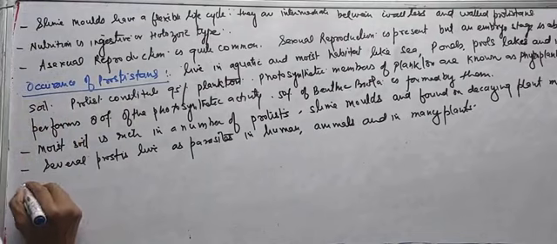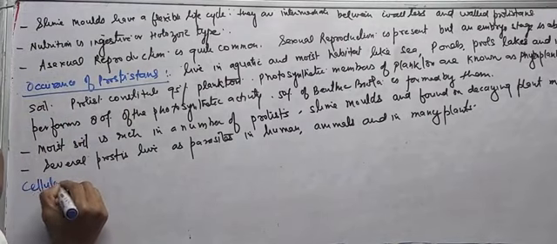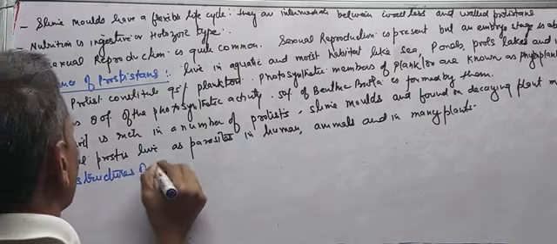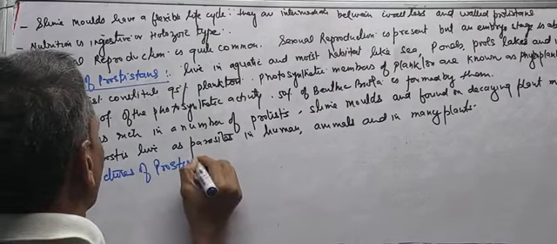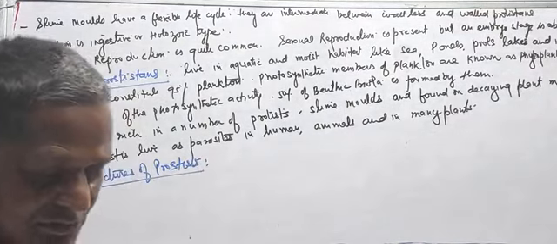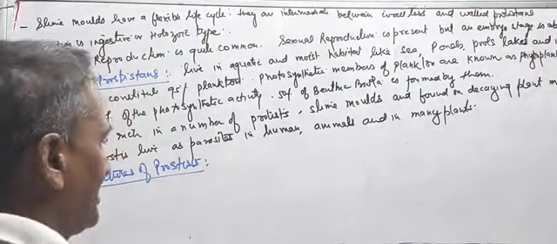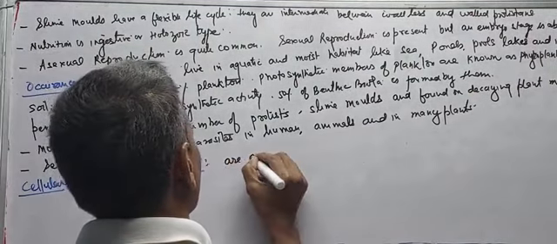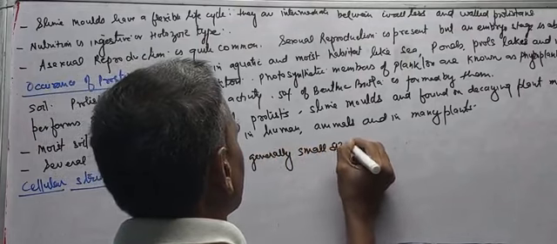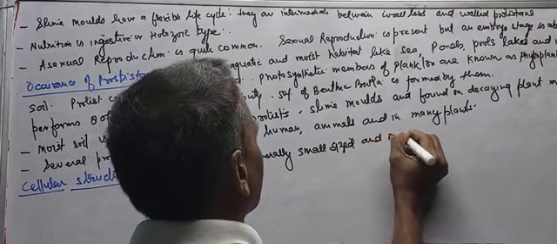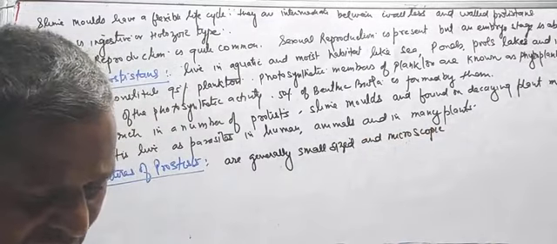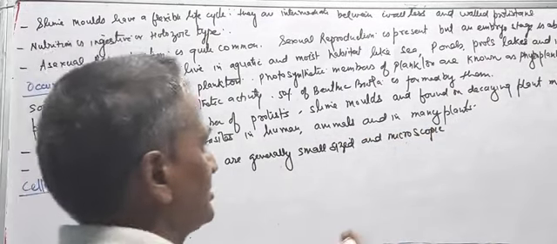Now we will see the cellular structure of protists. Protists are generally small sized and microscopic. Organisms are usually solitary unicells.